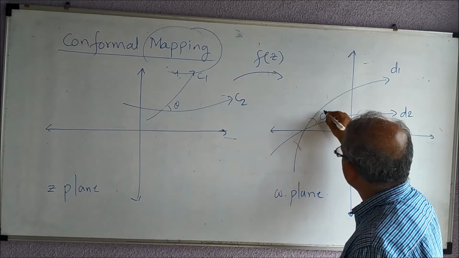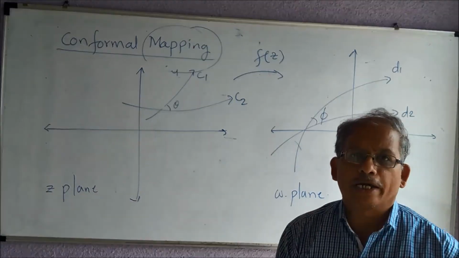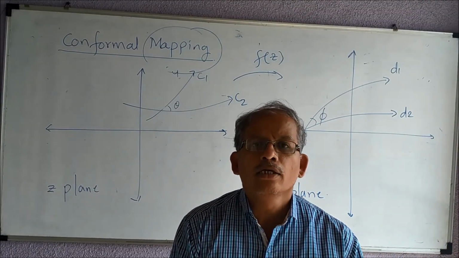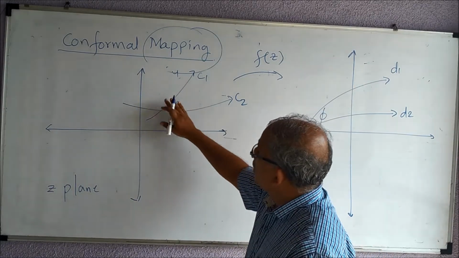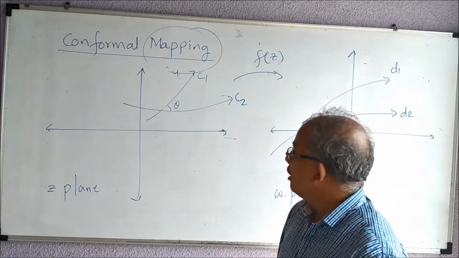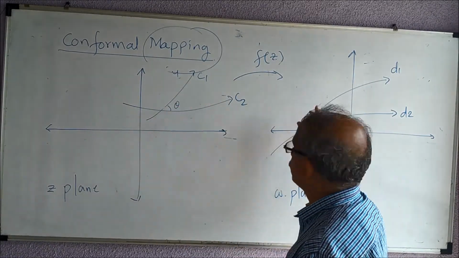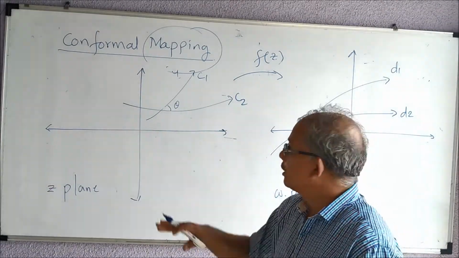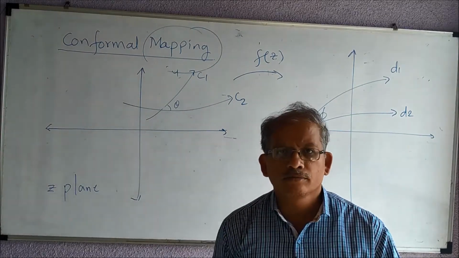Look at this angle, say I'm calling this angle phi. Okay, so the mapping f(z) will be conformal if this angle gets preserved, that means if theta remains unchanged.